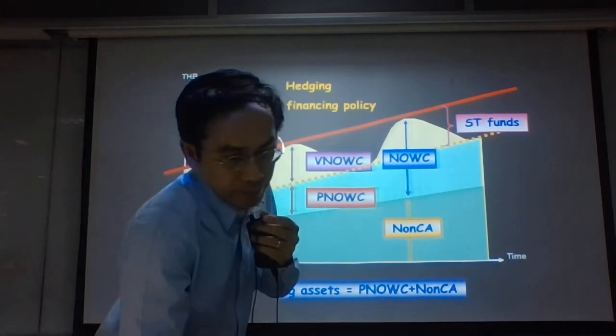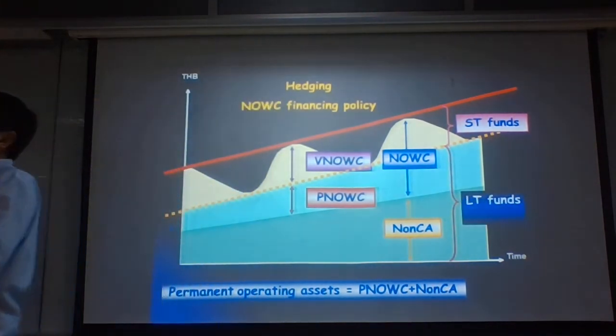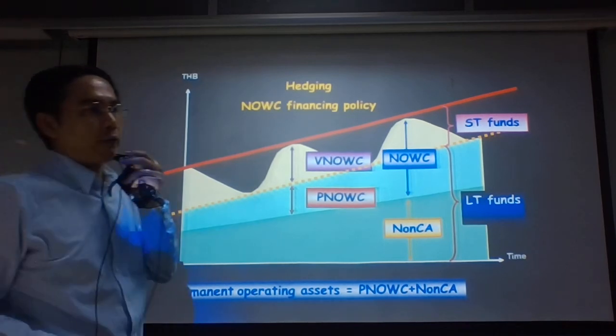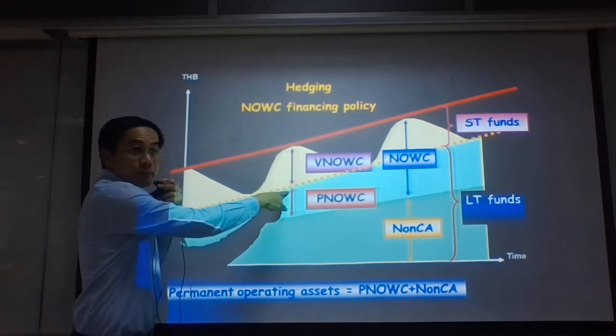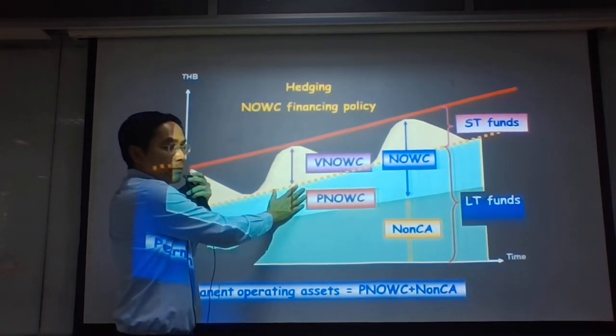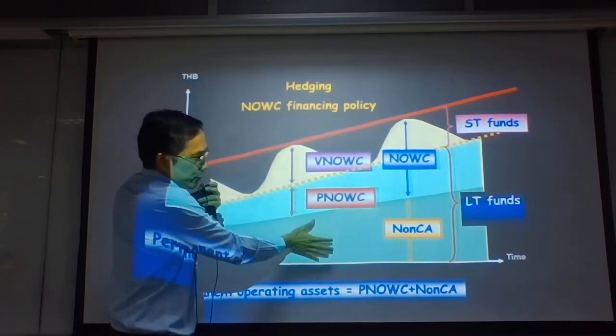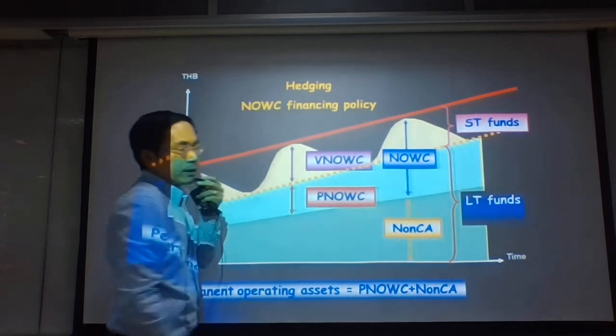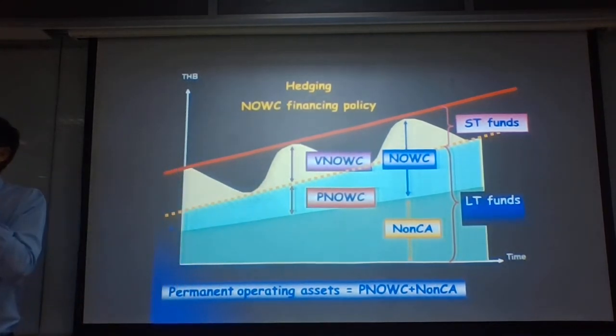Number 2, the firm uses long-term funds to finance the following assets. Everything is written on top of the diagram. 2.1, permanent net operating working capital. 2.2, non-current assets.